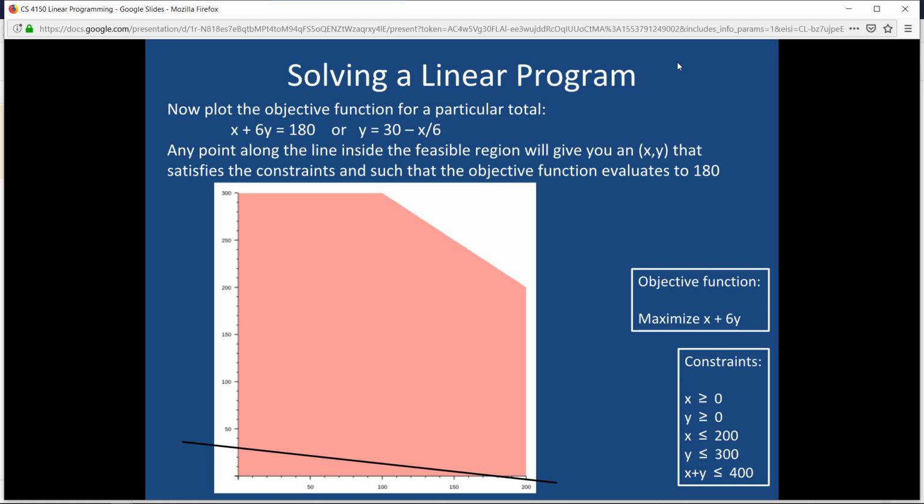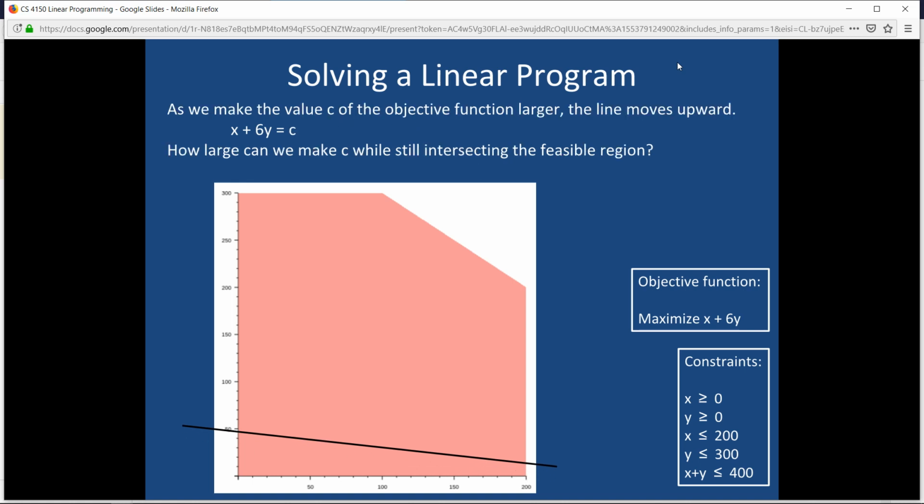So let's see what happens. Watch what happens as I basically move the line up, which corresponds to increasing x plus 6y equals 180 to x plus 6y equals something else. Okay? Then it leaves the feasible region. Okay? Now, where is the very last time that the line intersects the feasible region? There.